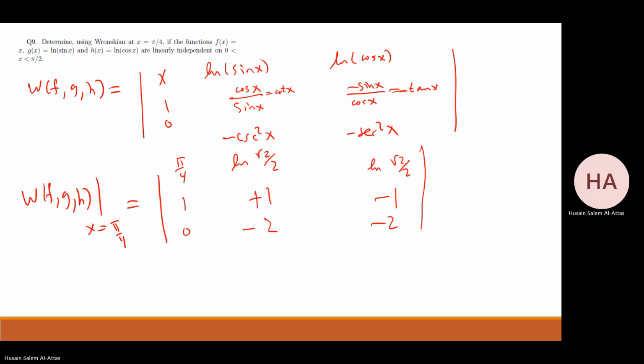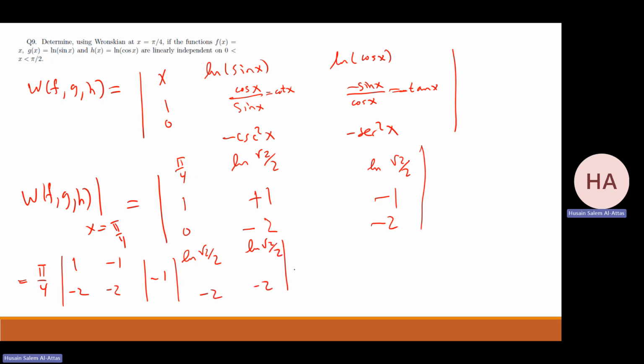Okay, so let me do the determinant. I think it will be an easy one. I take pi over 4 and the first column. I have 1, minus 1, minus 2, minus 2. Minus 1, cancel this with this. I have ln square root 2 over 2 minus 2, minus 2.